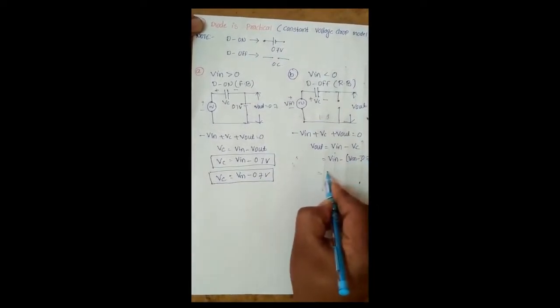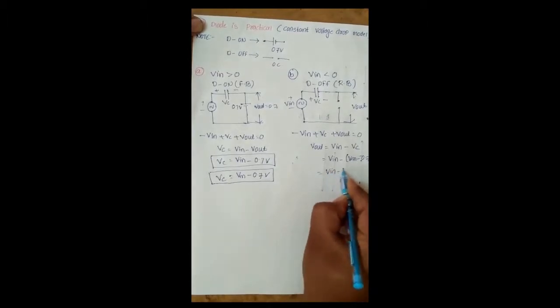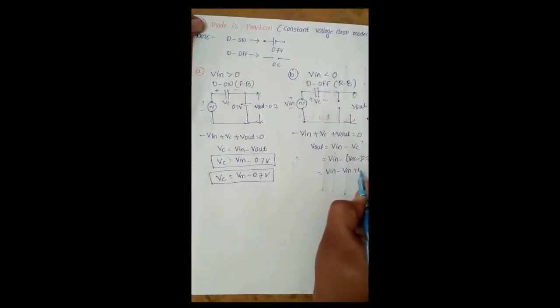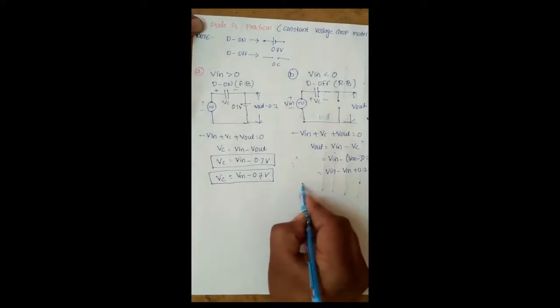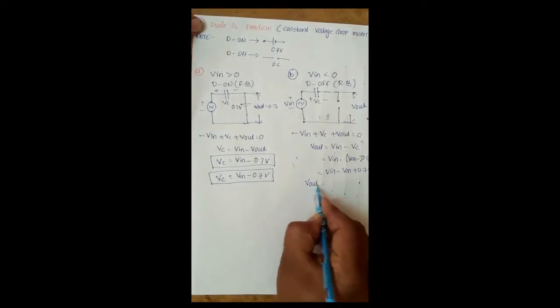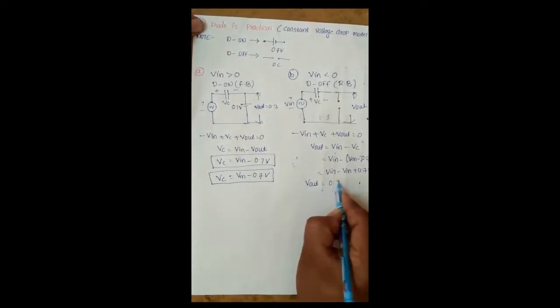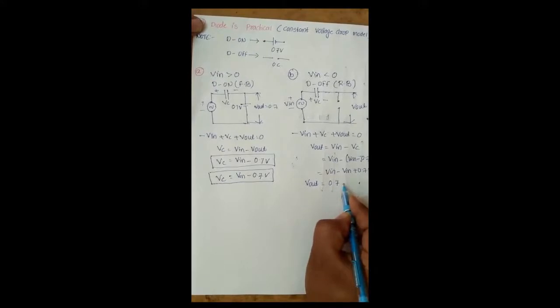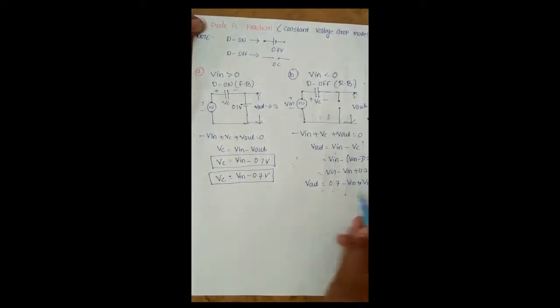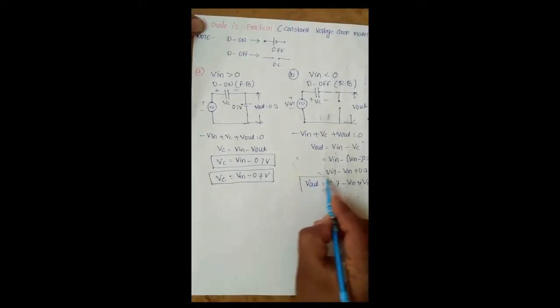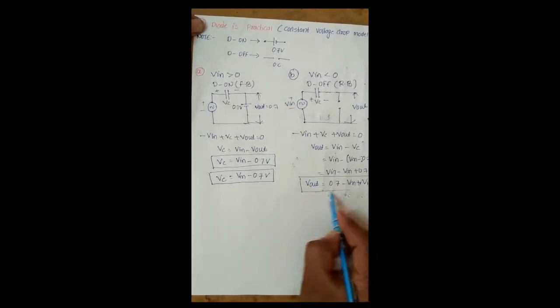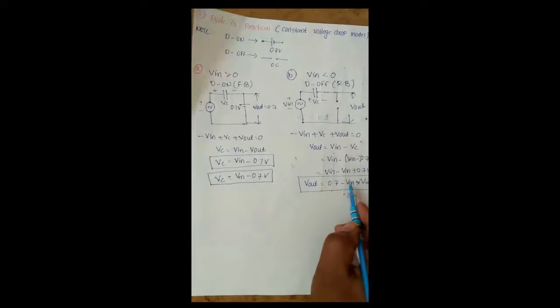Therefore Vout equals Vin minus Vm plus 0.7 volts. So in the constant voltage drop model, the output of the negative clamper circuit is Vout equals 0.7 volts minus Vm plus Vin. Based on this equation, we draw the input and output waveforms.